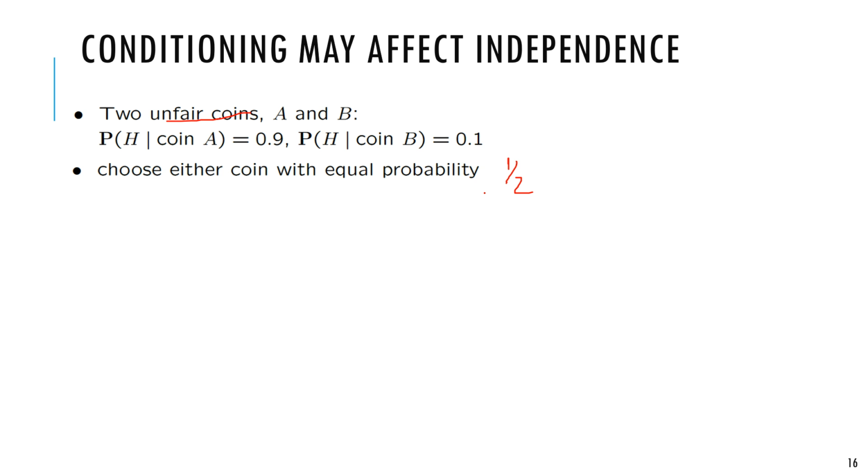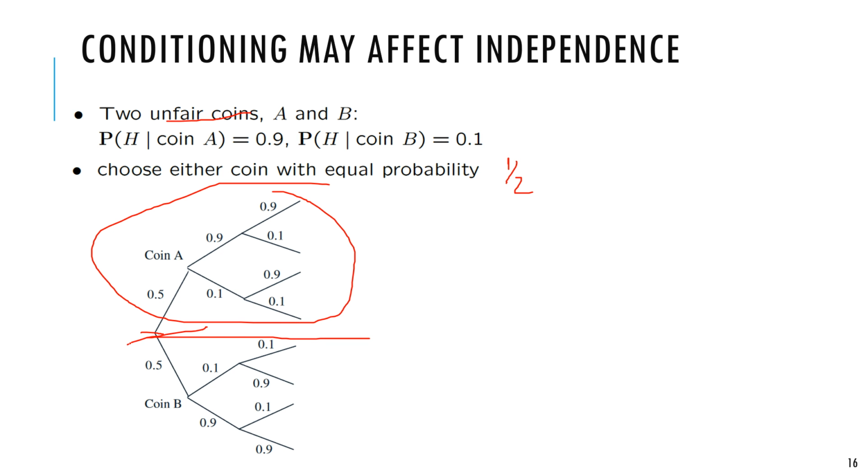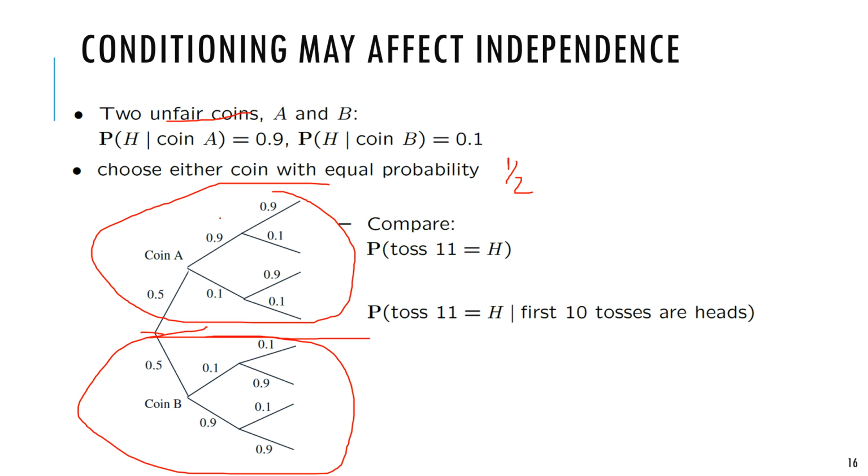We can choose coin A or coin B equally, 50-50 percent. The outcome of each toss of a given coin is independent, but here we compare the probability of the toss.